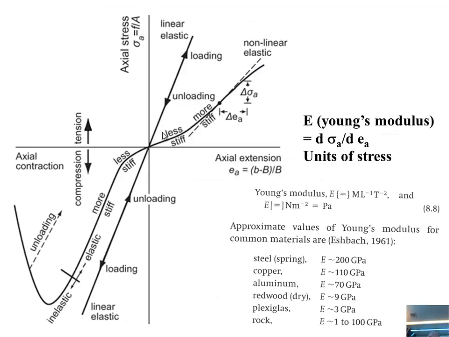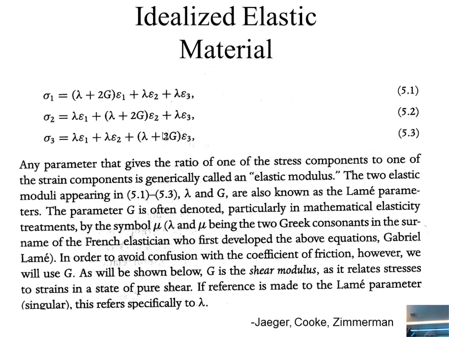So when you specify something that's elastic, you have to say the Young's modulus, which is the relationship between the stress and the deformation, like the spring constant, and the Poisson ratio. This idealized elastic material has stresses in 3 dimensions, and then the strains in 3 dimensions. And these lambda and G are a combination of the Poisson ratio and these moduli, like the spring constant.